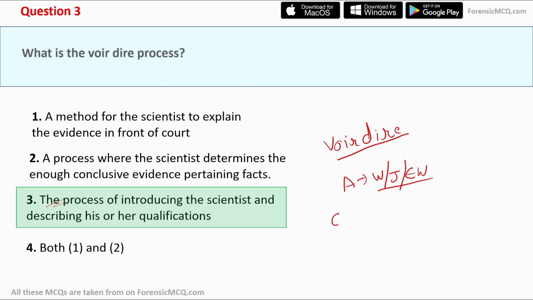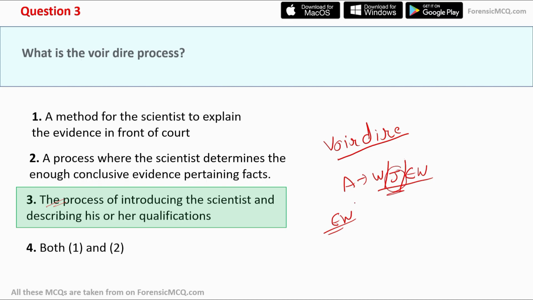While talking only in the context of the expert witness, it refers to the process where the court determines the expert's background, education, or experience, and after that the judge will decide whether his expert opinion will be valid for this court or not.